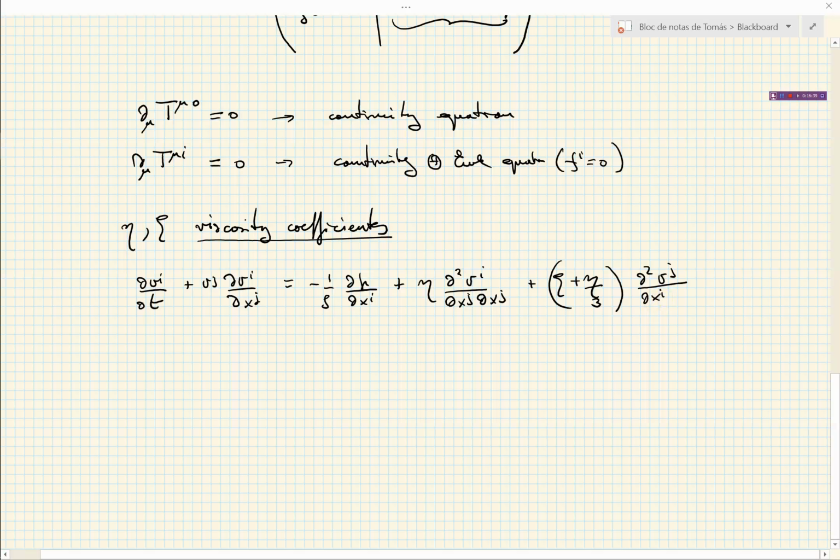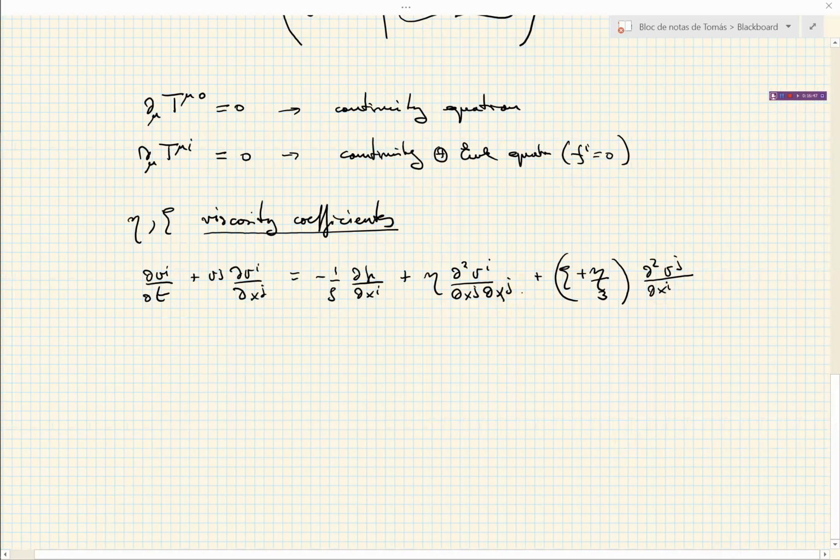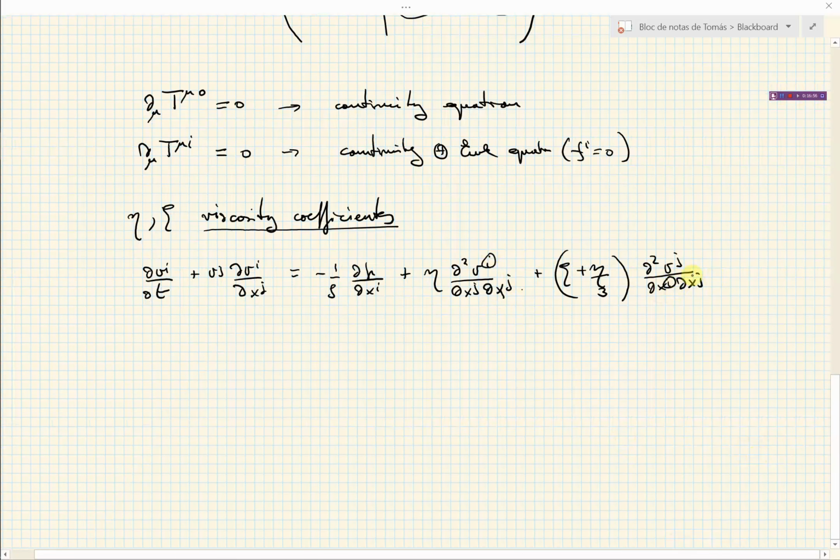So now the free index i, instead of being here, it's here.